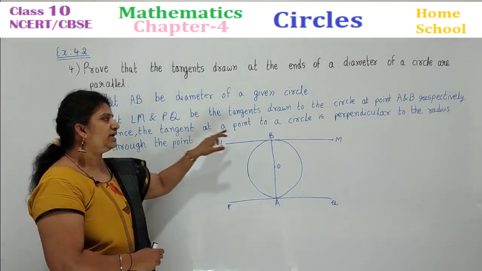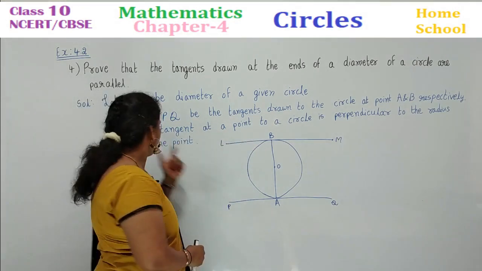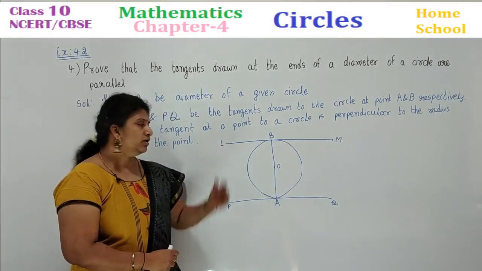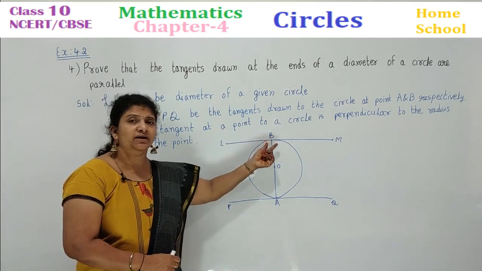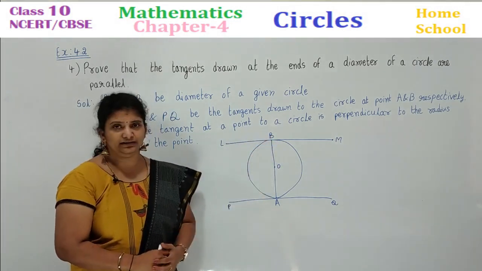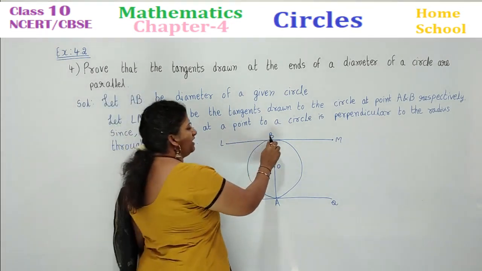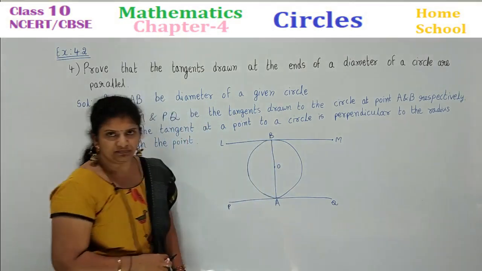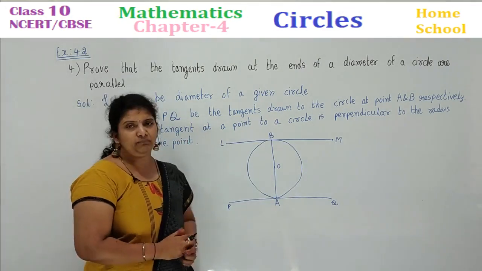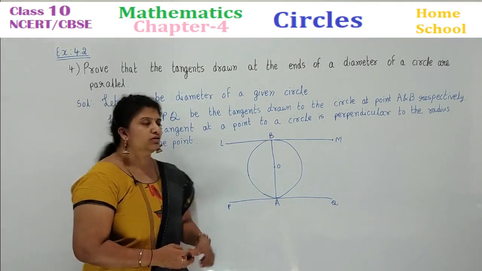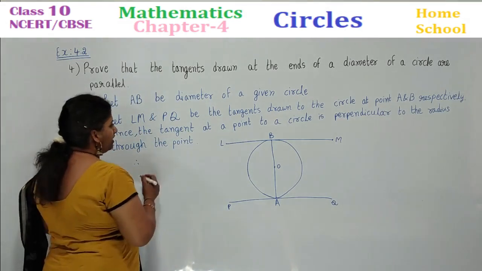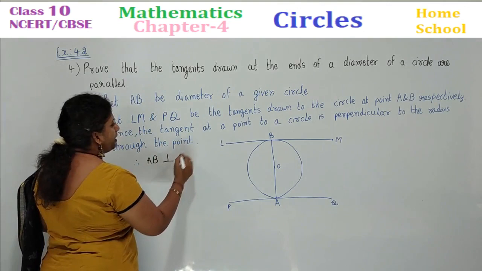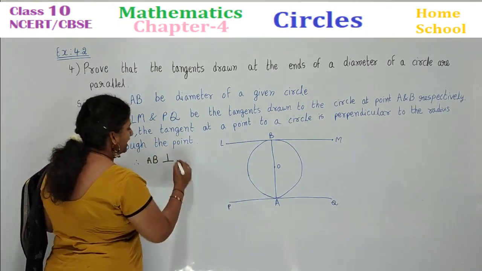Since the tangent at a point to a circle is perpendicular to the radius through the point, by theorem what do we know? The tangents drawn are perpendicular to the radius through the center. So directly I can say this is perpendicular and this is also perpendicular, 90, 90 you can say. But I take only one pair and then I try to prove. So observe here carefully. I can say that AB is a diameter. AB is perpendicular to the tangents.